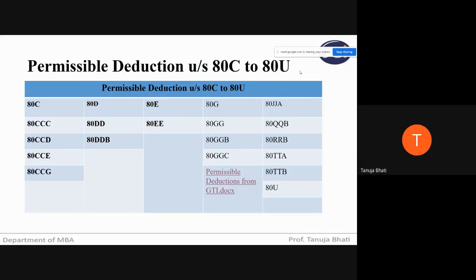Category number 1: 100% deduction without any limit, where you have the Prime Minister's National Relief Fund, National Children Fund, Defense Fund, etc. The second category is 50% deduction without qualifying limit, where you have the Jawaharlal Nehru Memorial Fund, Indira Gandhi Memorial Trust, Rajiv Gandhi Foundation, and the Prime Minister's Drought Relief Fund.